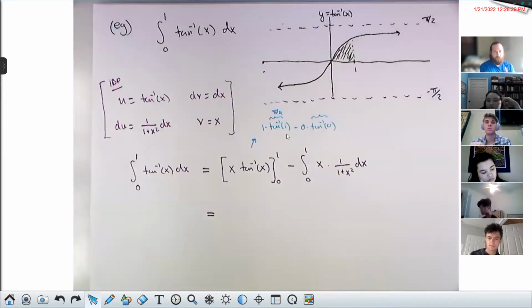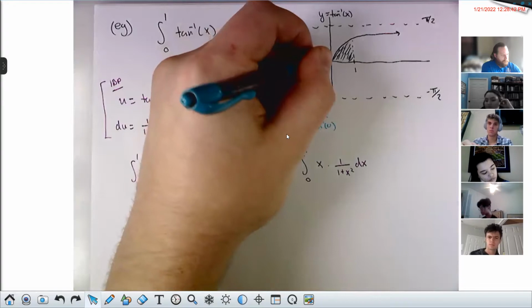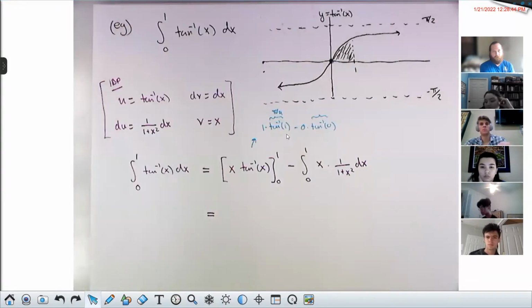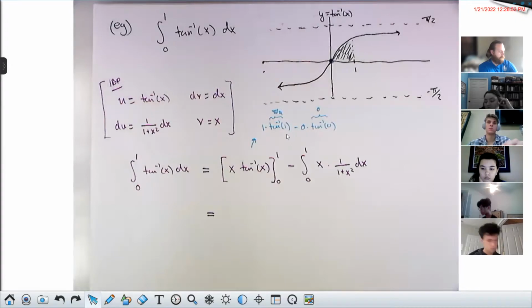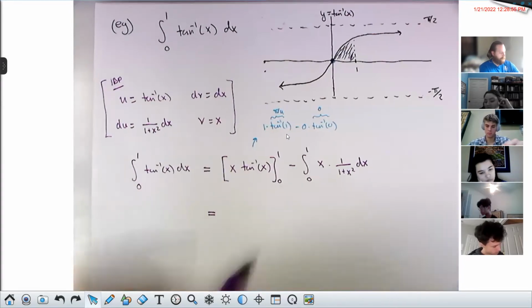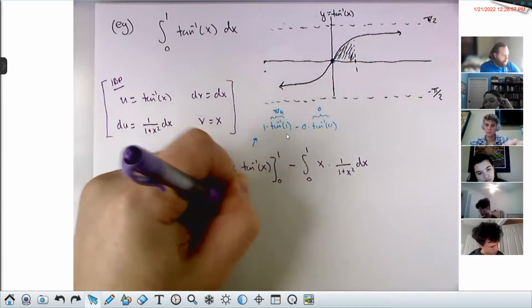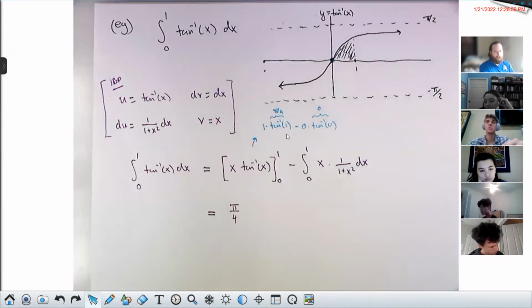You can look at the graph above to help. That's the y value on the graph here at x equals 0. Yeah, very good. Okay. So this whole piece right here is pi over 4 minus 0. It's just pi over 4. Getting that out of the way, now you don't have to write it all the time.